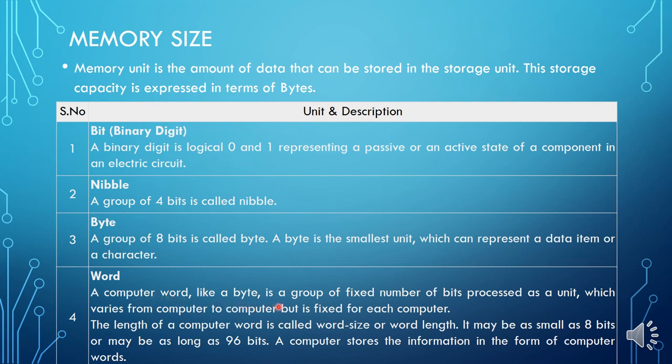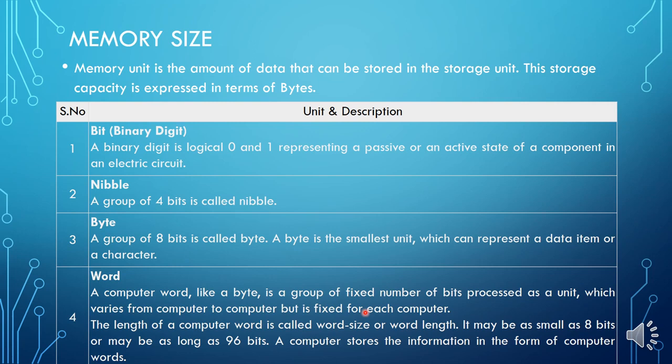Like a byte, it is a group of a fixed number of bits processed as a unit, which varies from computer to computer, but is fixed for each computer. It means each and every computer will have a different word size, having different numbers of processors.